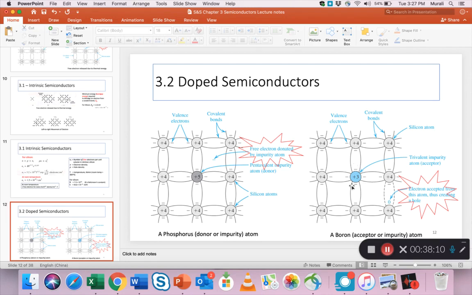So the doping element is boron here, which is an acceptor. The doping element takes an electron from a neighboring silicon atom and creates a hole. So you can read here, electron accepted from this atom, thus creating a hole. So a hole is created here, here a free electron is created.